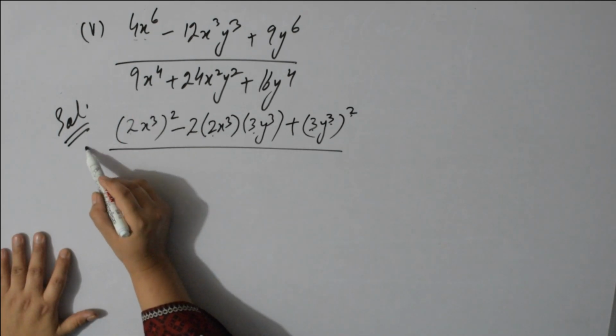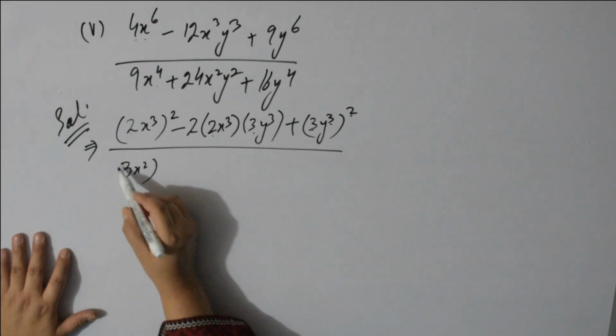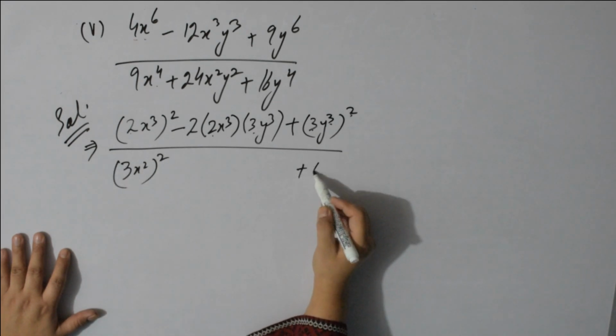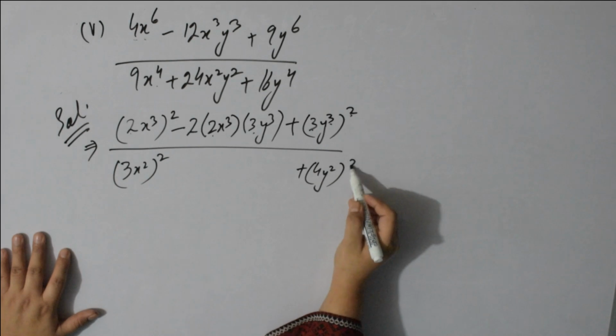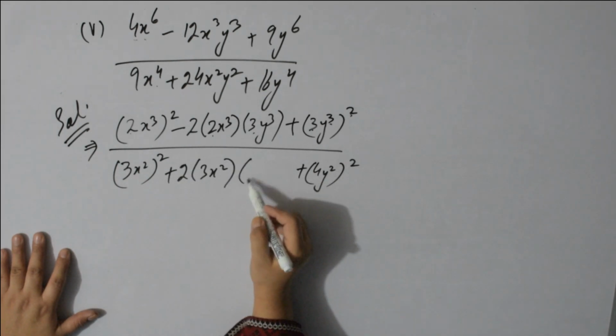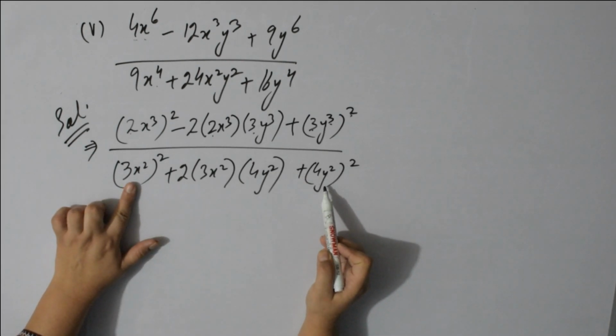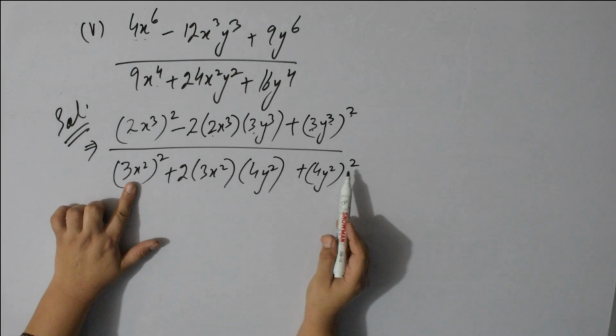Come to its denominator. (3x²) whole square plus (4y²) whole square, then plus 2 into 3x² into 4y². What I have done: first I wrote a and b in whole square form.